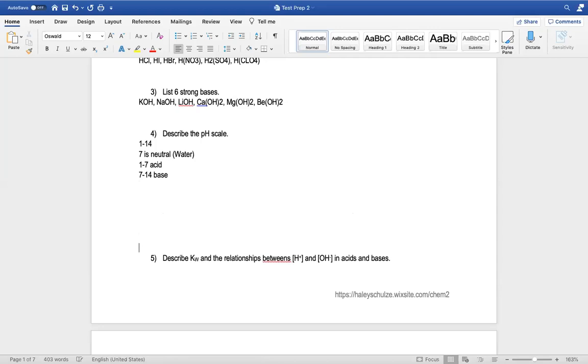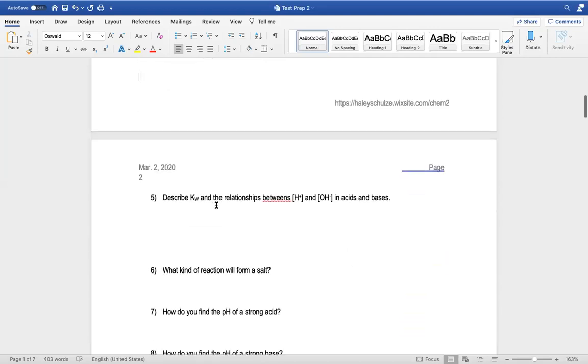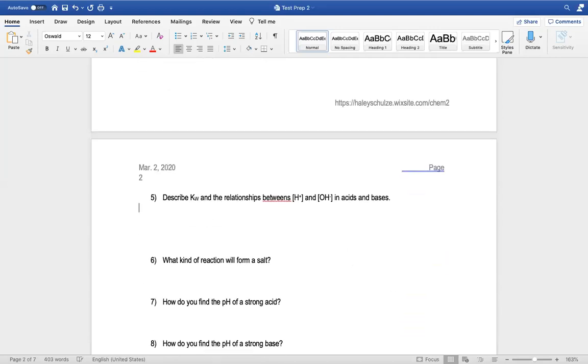I'll go ahead and move this down to the next page. So describe Kw and the relationships between hydrogen plus ions and OH negative ions in acids and bases. So is Kw the equilibrium water constant? Yeah.